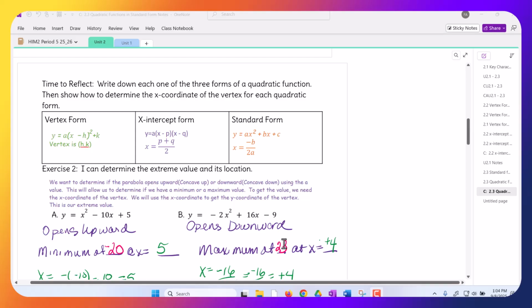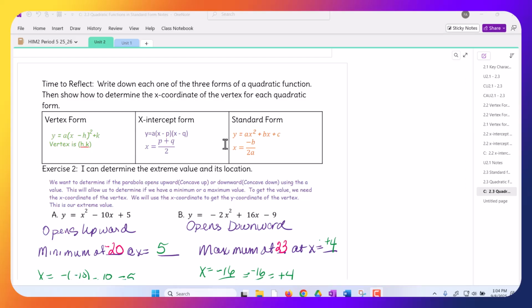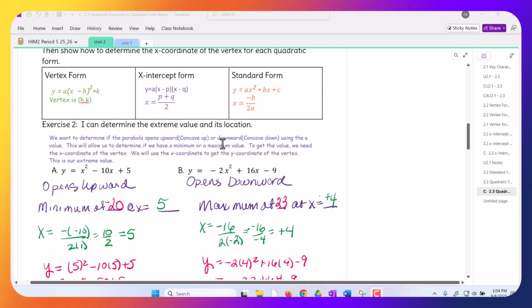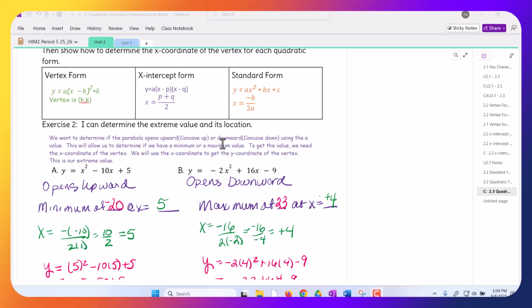Okay, go ahead and take a moment to reflect on the different forms and how we find the x-coordinate of the vertex for each form. Right here we want to determine the extreme value and its location just using the standard form function of our quadratic. So like Friday, we're going to determine does it open upward or downward.